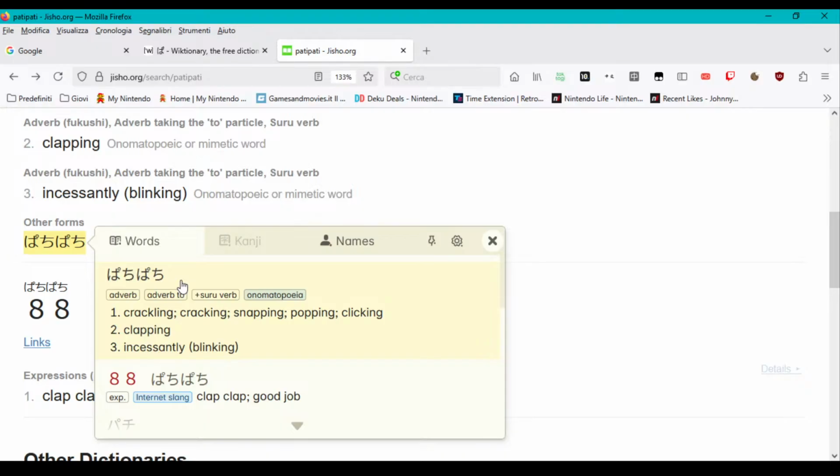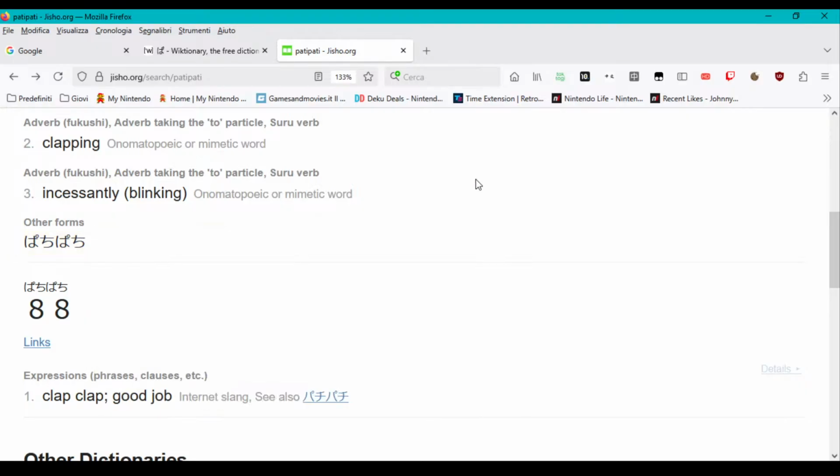And just to see one more word with pa, patsi, a cracking, snapping, popping, clicking sound, but more often than not you see it as the onomatopoeia for clapping. You can see it in manga, and also we'll see it, of course, in our specialty, which is video games.